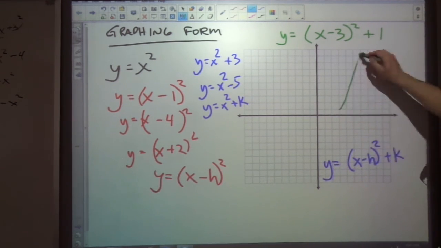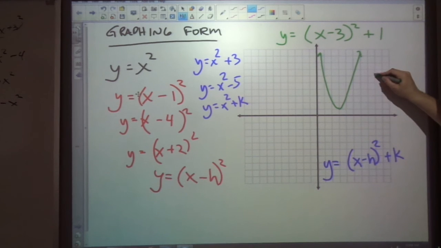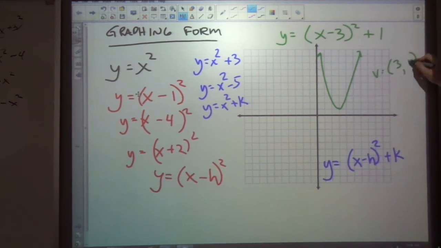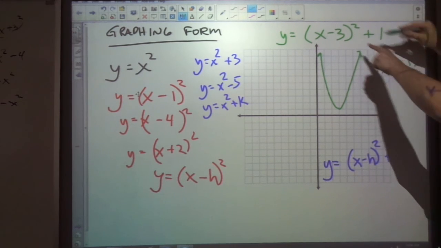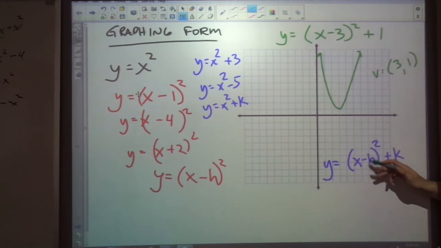Shoop. Now this is the vertex here, right? Instead of it being 0, 0, my vertex is now the point 3, 1. Notice it's the opposite sign of this, same sign as that. Because in this formula, this is opposite sign, but this is same sign. Does that make some sense now?